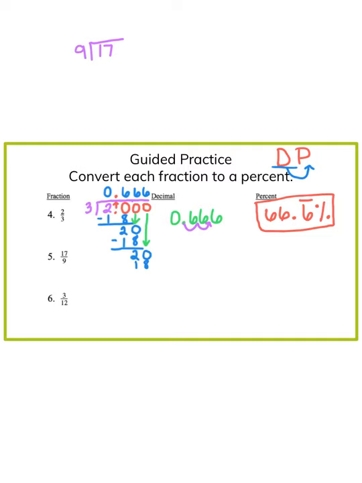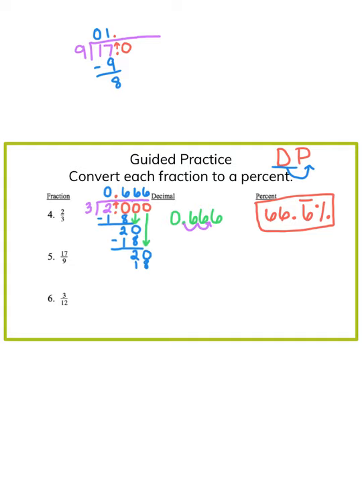Nine cannot go into 1, so I'm going to put a 0 above the 1, but it can go into 17 one time. 9 times 1 is 9. 17 minus 9 is 8, but I still have a remainder, so in order to keep going, I need to add a decimal point and a 0 to my dividend and bring my decimal point straight up in my answer.